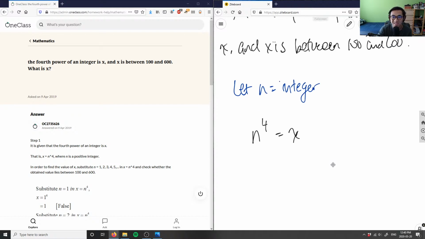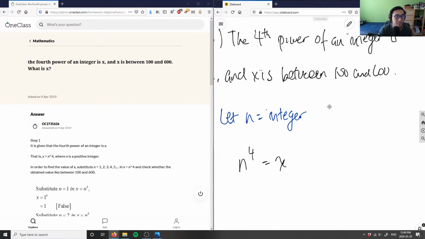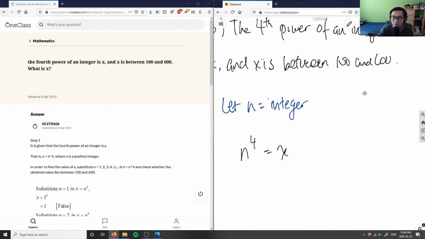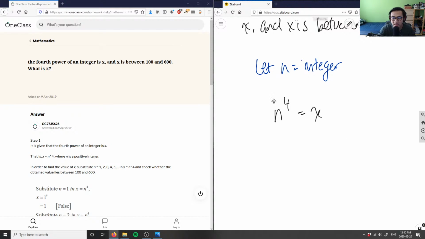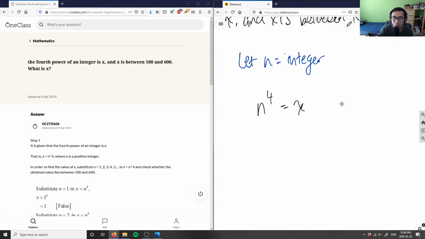And it has to be an integer, so this has to be a positive integer. And we basically do kind of a guess and check here. So n to the power 4 equals x, and x has to be between 100 and 600.